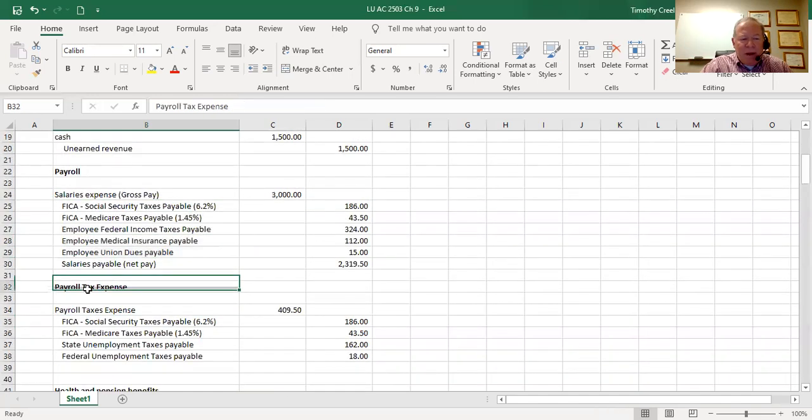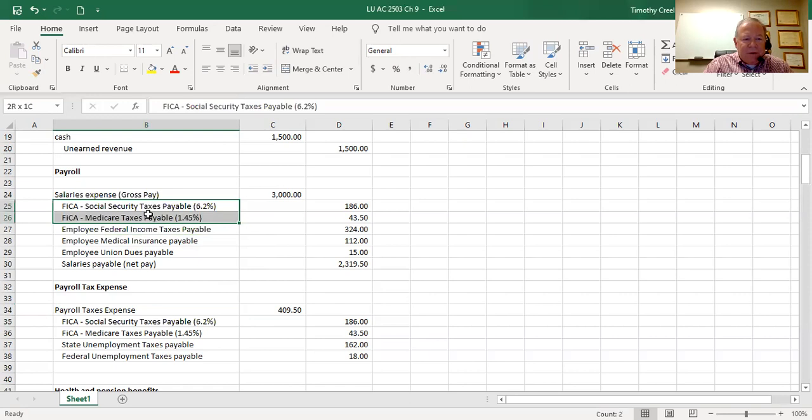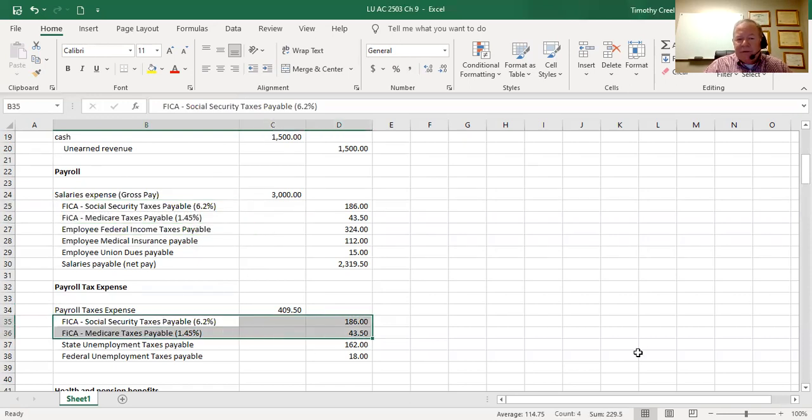Another aspect of that is payroll tax expense. Payroll tax expense is simply the expense that your employer has to pay in order to employ you, and this is paid to the government. Whatever is taken out of your check for Social Security and Medicare, your employer has to match.